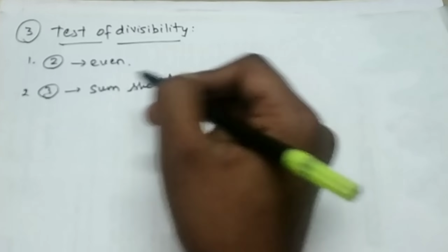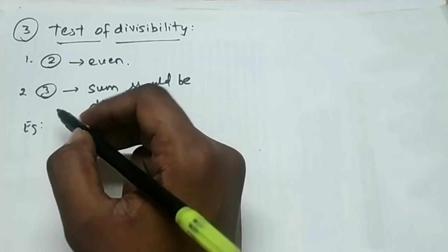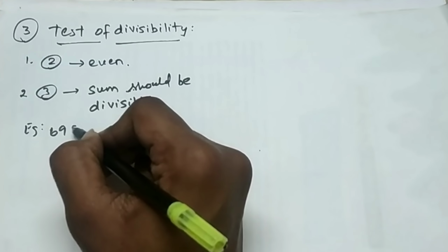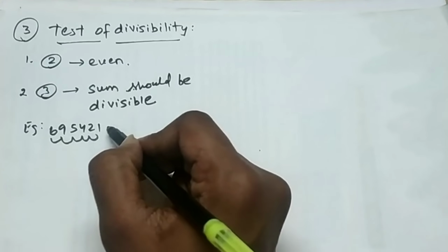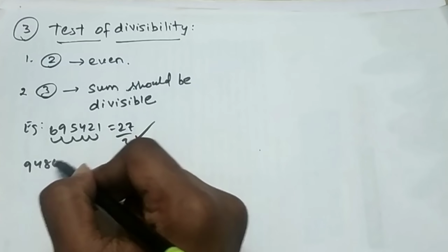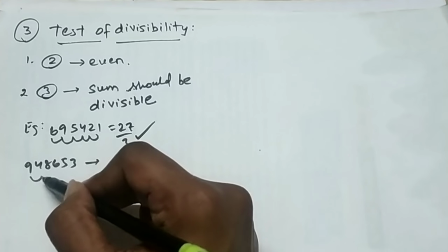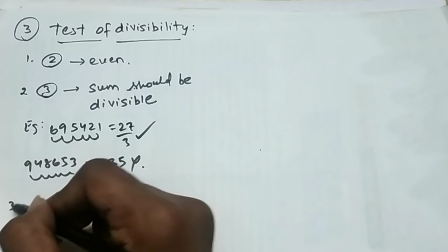For example, take 695421. If we add the digits, we get 27. It is divisible by 3, so the number is divisible by 3. If we take 948653 and add the digits, we get 35. 35 is not divisible by 3, so the number is not divisible by 3.